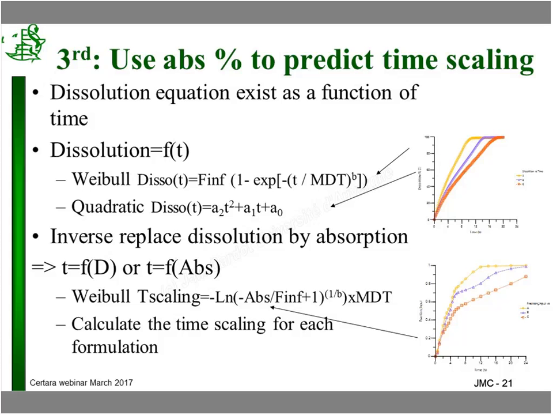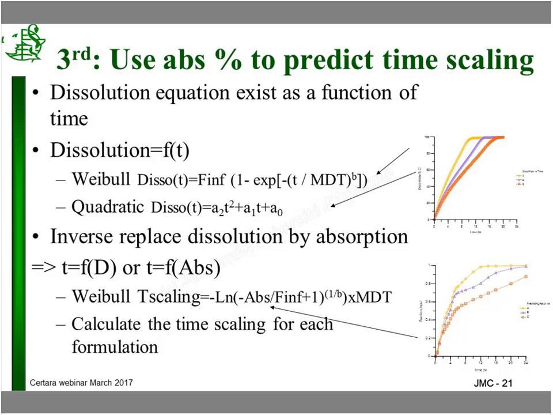When you have it, what are you going to do? In the Weibull equation, you are going to replace the dissolution at time t by the absorption at time t. Based on that, as you know the F infinity, the MDT, and the B, you are going to extract from this equation the time at which you observe in vitro a certain percent absorbed in vivo.